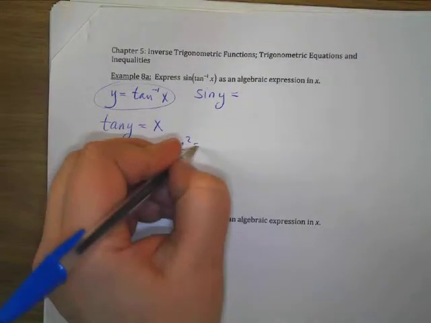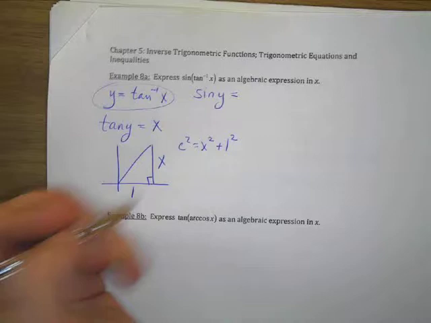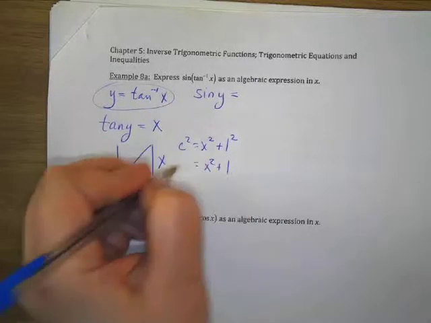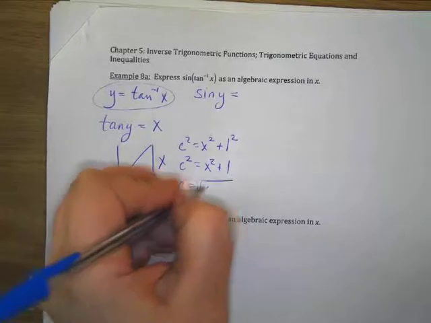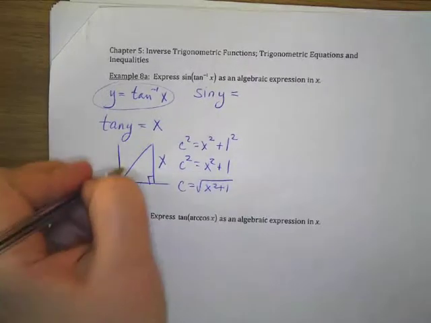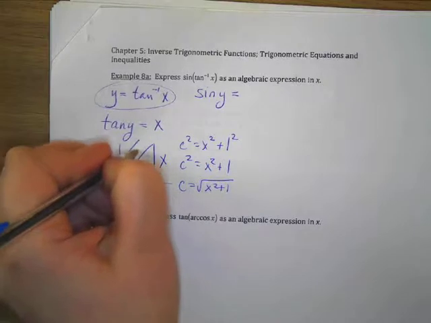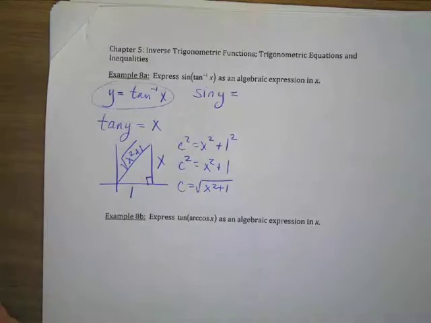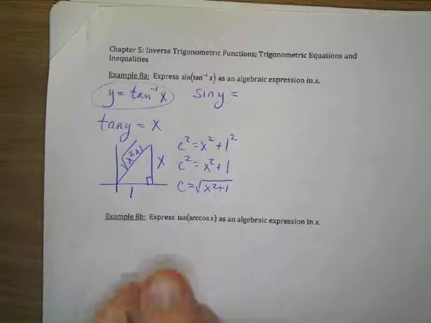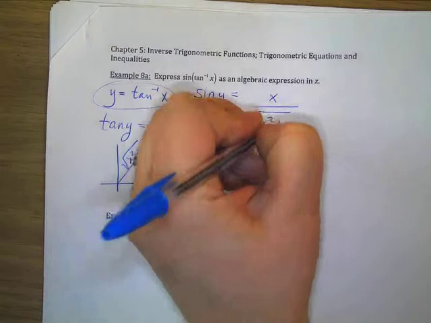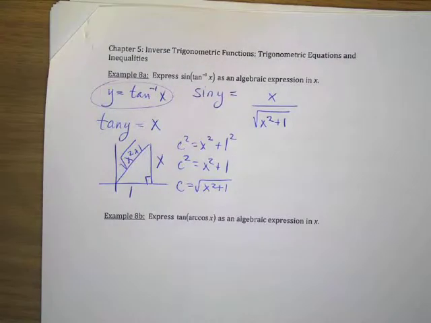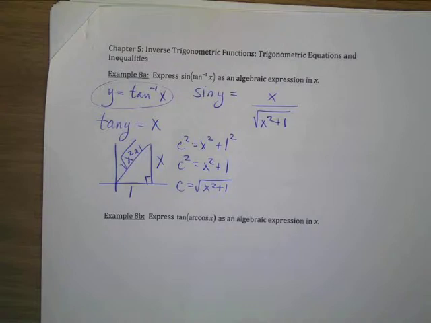So c squared equals a squared plus b squared. So x squared plus 1 equals c squared, but I don't want the squared, so what are we going to do? Square root. So it's the square root of x squared plus 1 for your hypotenuse. Is that okay? And we're asking about the sine of this angle. So the sine is opposite over hypotenuse. That's it.